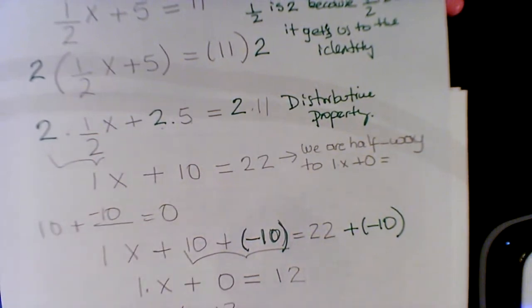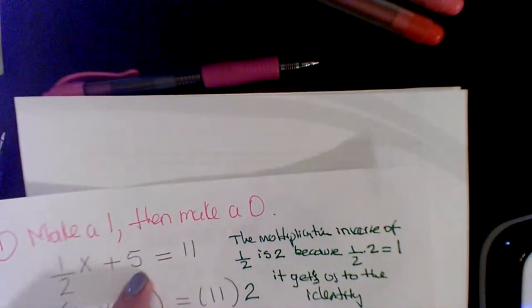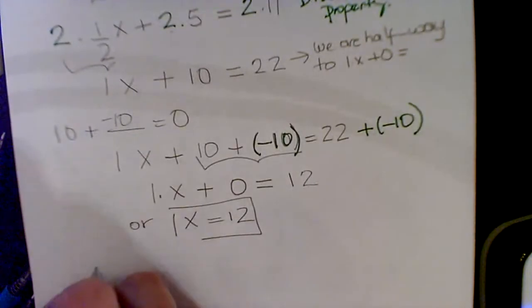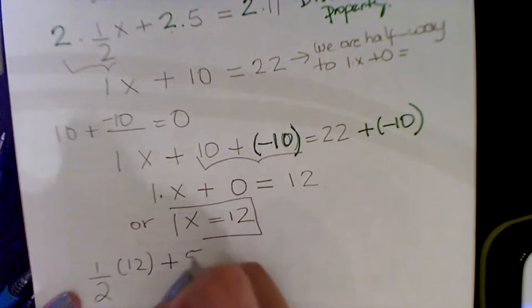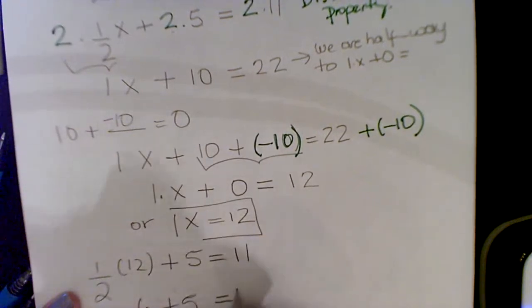All right? And we have our answer. So 12 is the number that makes this true. 12 divided by 2 is 6, plus 5 is 11. It's the only number that makes that true. So we have 1/2, this is 12, plus 5 equals to 11. This is 6 plus 5 is 11.